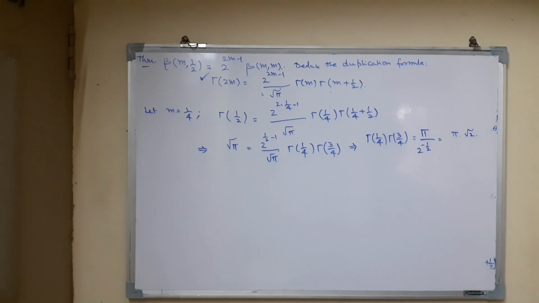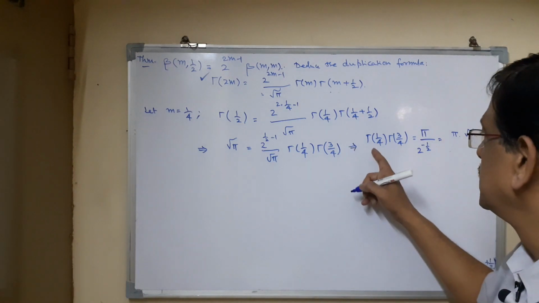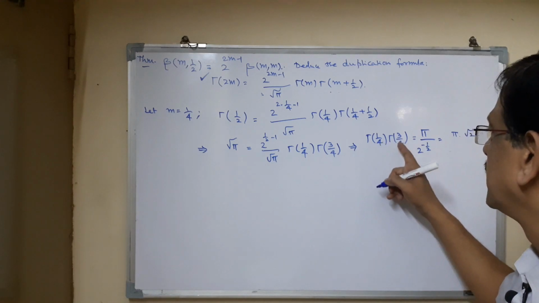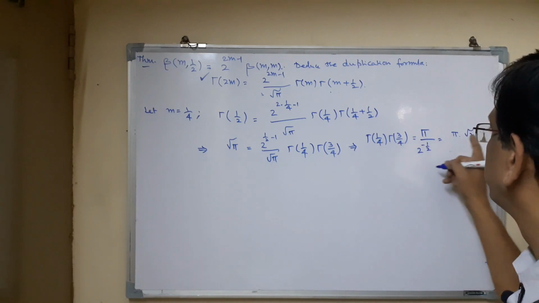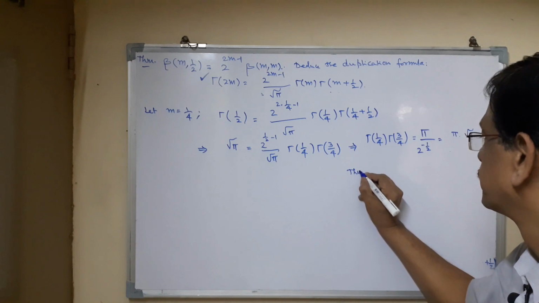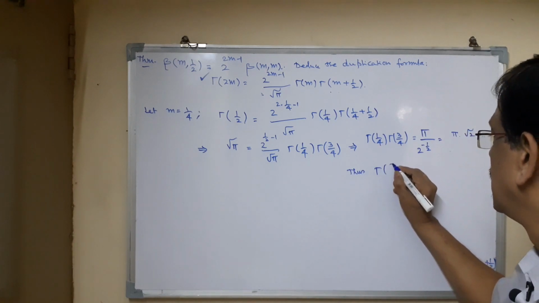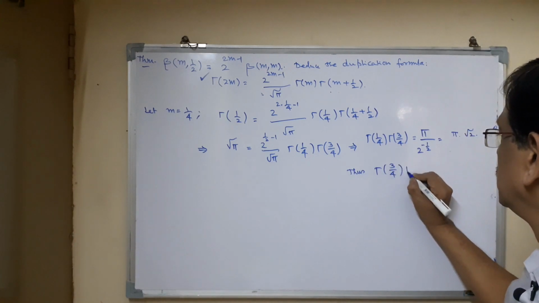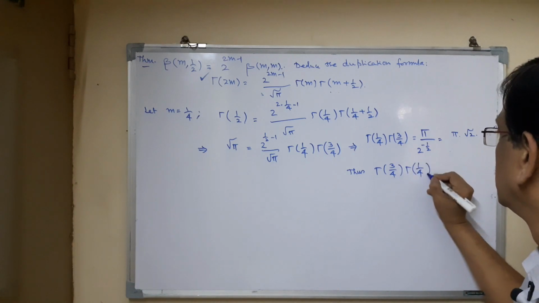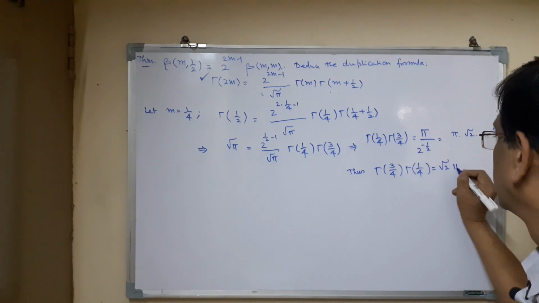So gamma 3 by 4 into gamma 1 by 4 is root 2 pi.